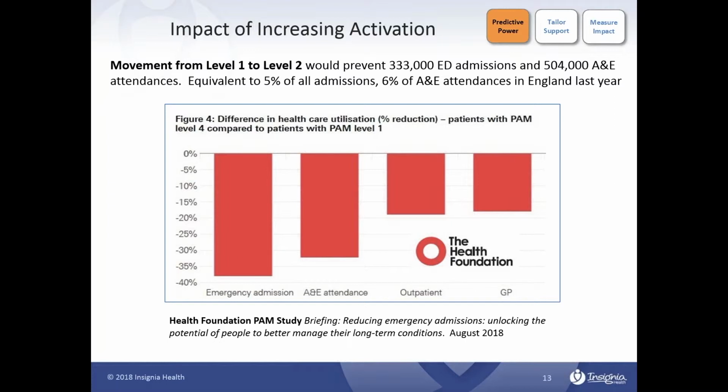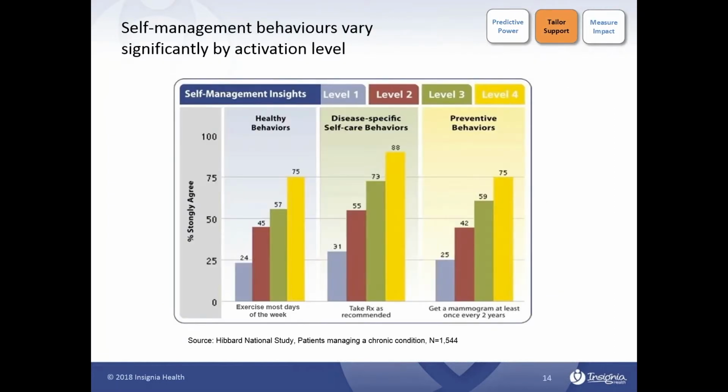And you can see there that the difference in healthcare utilisation is markedly so for lower activated patients compared to higher activated patients. Next slide, please. And self-management behaviours do vary, as I've been alluding to, significantly by activation level.